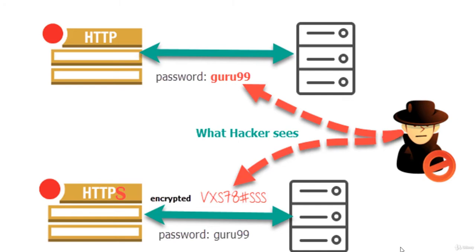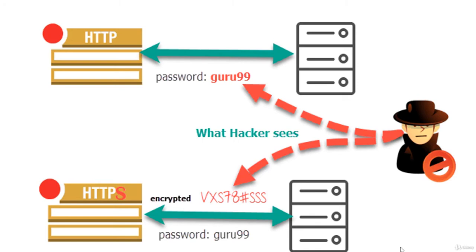But when we use HTTPS, the secure version of the Hypertext Transfer Protocol, our password is not saved as it is; it is encrypted first and then saved. For example, you can see that the Guru99 password is encrypted to this gibberish text. So now the hacker can see that gibberish text, not the original password. This is the major difference between HTTP and HTTPS, which is a secure protocol.